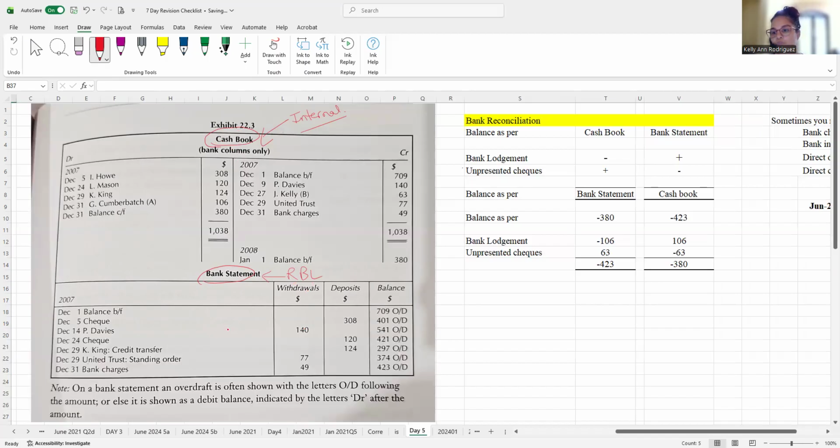So when you have the two statements, in order to reconcile it, you first have to start to compare it. Now, a debit entry in your cash book, when you debit and you increase in your account, if this bank statement comes in this format here with debits and credits, but most likely it comes like this format, but just in case, a debit entry here will really be a credit in your bank statement.